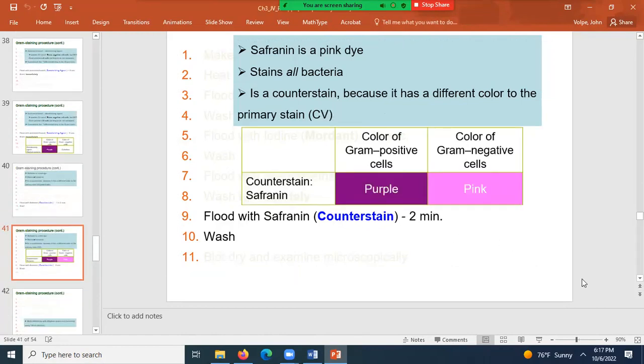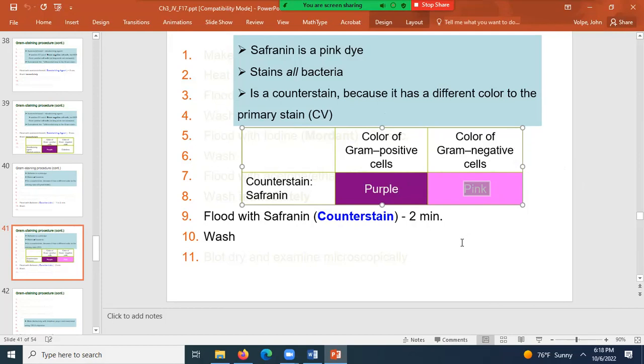After applying the safranin, the gram-positive cells stain a purple color, and the gram-negative cells stain a pinkish color. You then wash the safranin off and observe your cells.